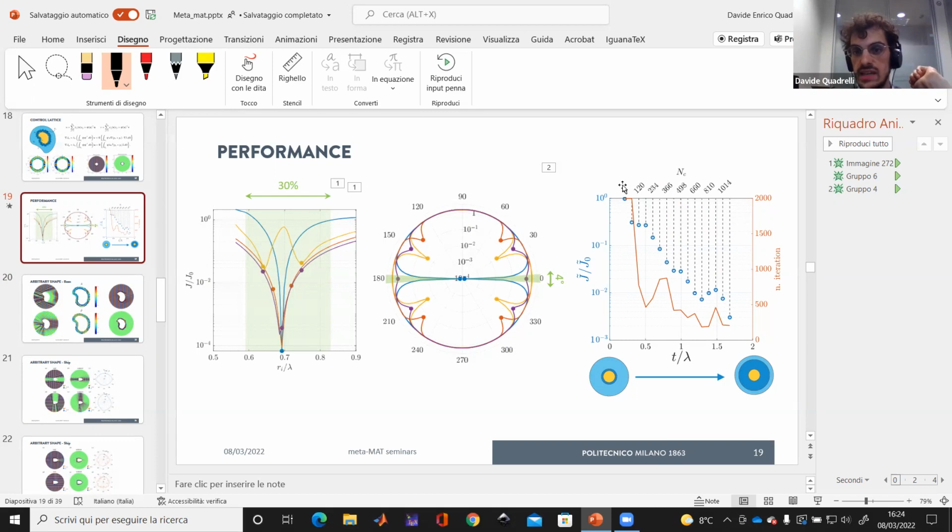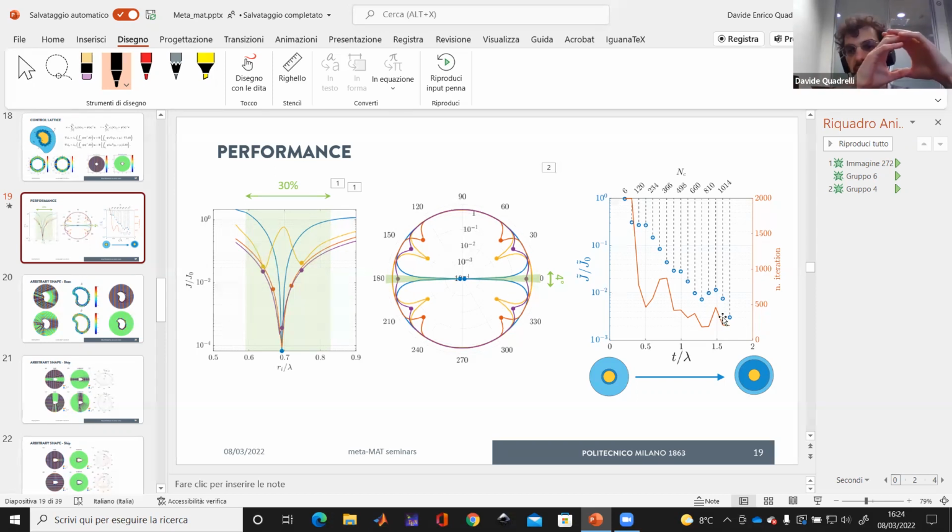In this case, you see with 6 unit cells, the performances are just poor, and it takes a lot of time to converge. But if you have a lot of degrees of freedom, then the performances are good. The blue one is just the scattered pressure, basically, and also the number of iterations drops.